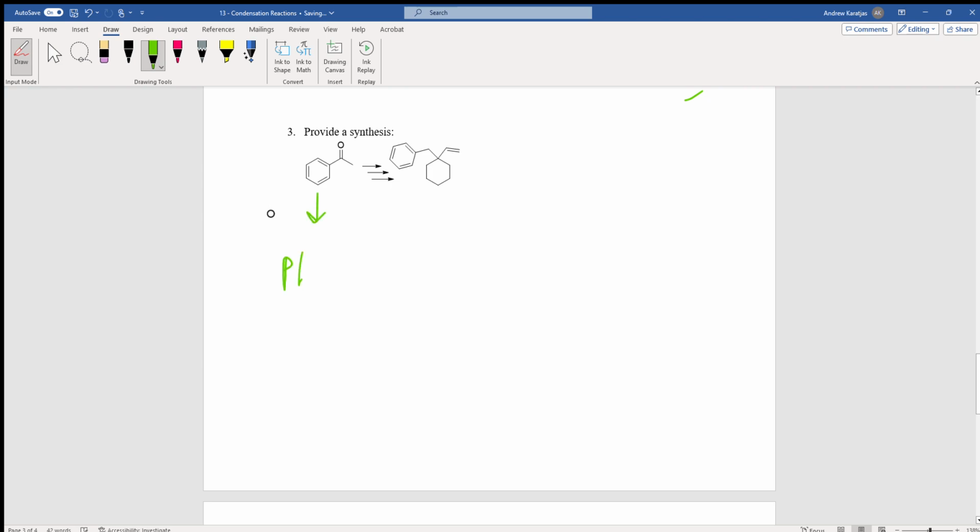But I'm going to again do this Claisen condensation to get the dicarbonyl. Now, this dicarbonyl, again, I'm going to do an alpha substitution, in fact, the same double alpha substitution we had previously, to give us our 6-membered ring.